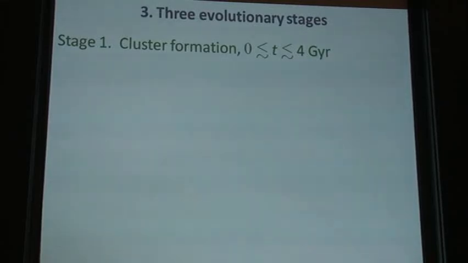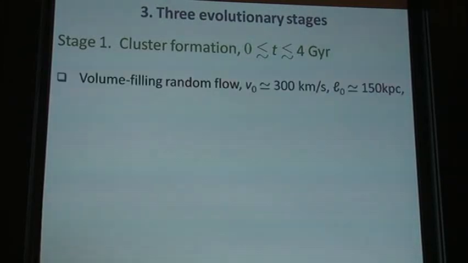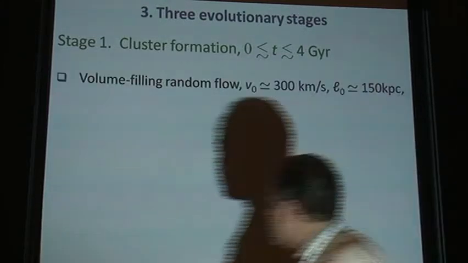So, there are 3 evolutionary stages in cluster evolution. The first, most important one, is when the cluster is being formed. This takes about 4 billion years, and this is exactly the time when there are many smaller merger events, when the cluster lives a very violent life.